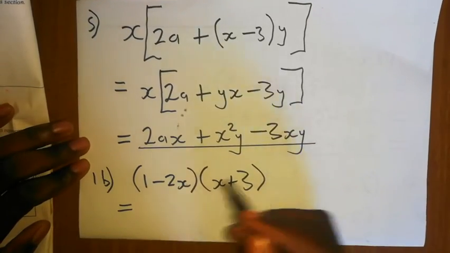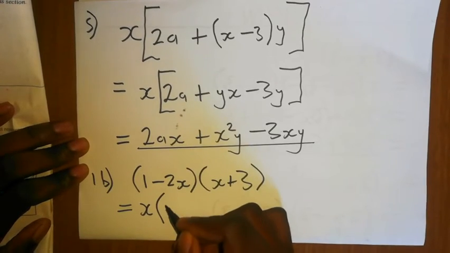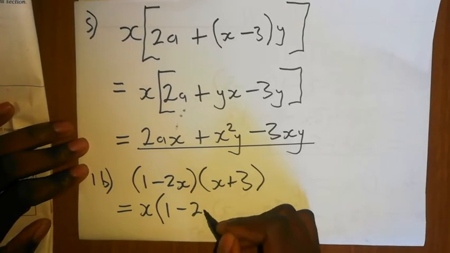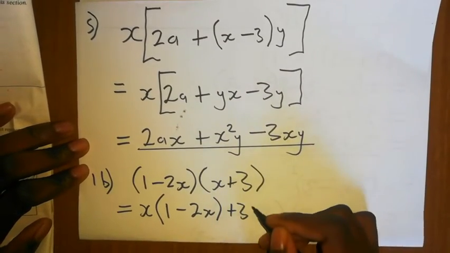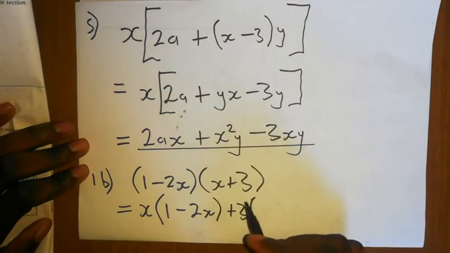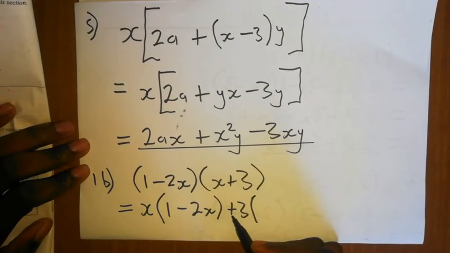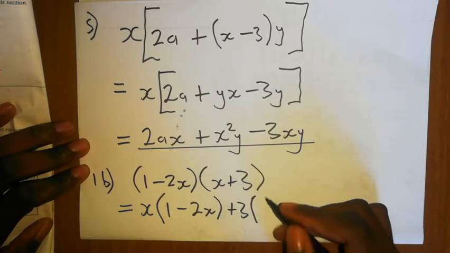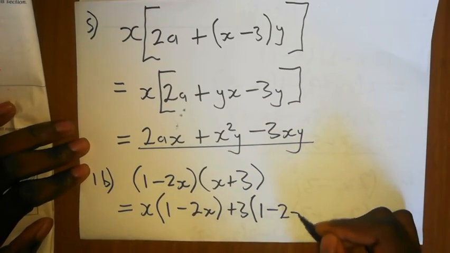So I'm going to have x bracket 1 minus 2x, then close, then plus 3. Bear in mind, guys, as we do these workings, we are supposed to always put these signs. So I'm going to put this one, 1 minus 2x.